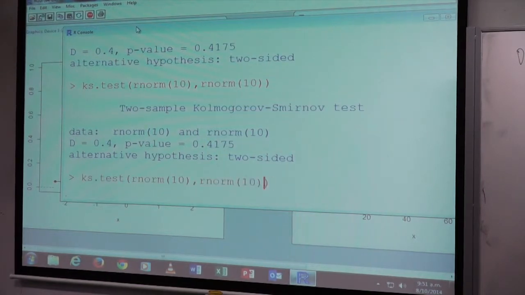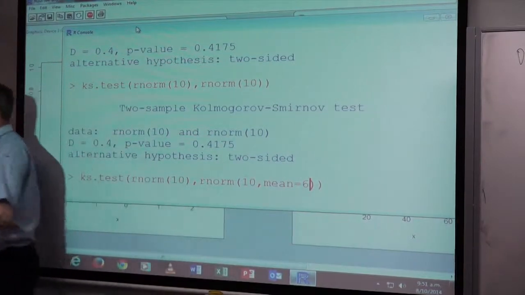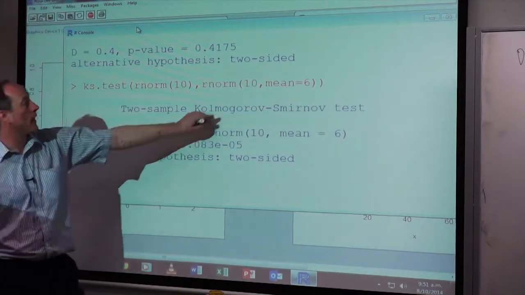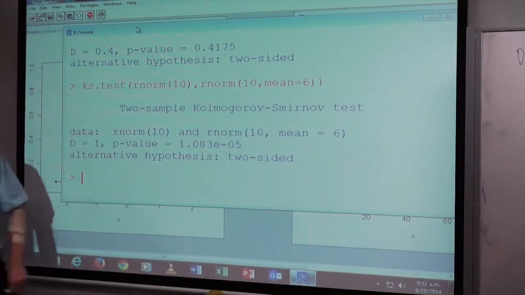Well, you get the idea. Okay. If I vandalize the null hypothesis so that it's not true, the mean is different, I will now get a significant p-value. It's picked that up. It's not a sensitive test, it's got low power.